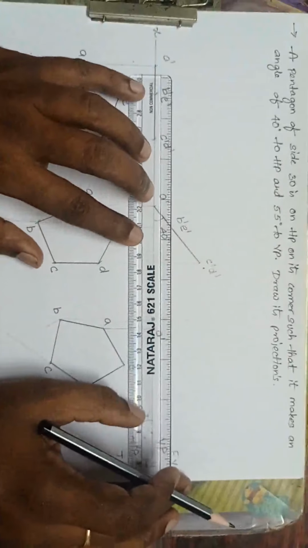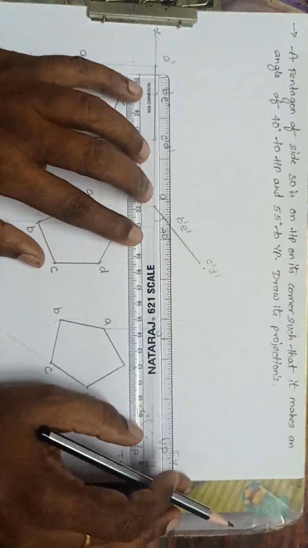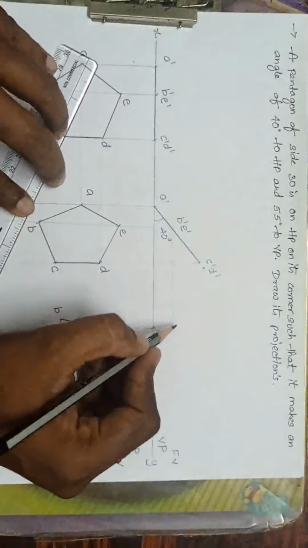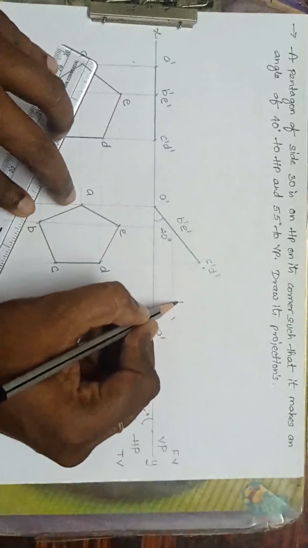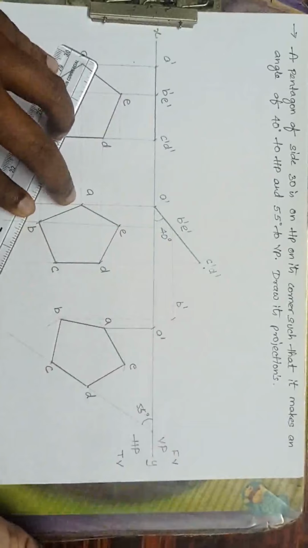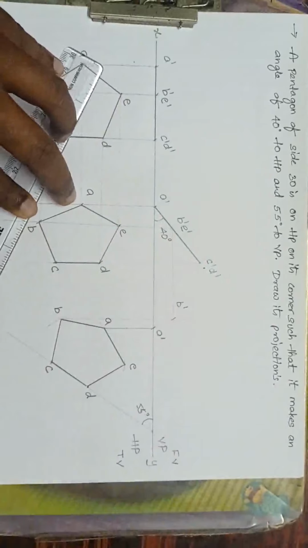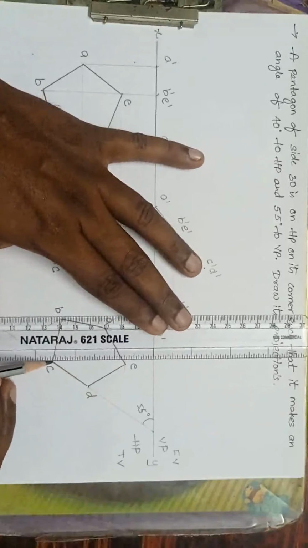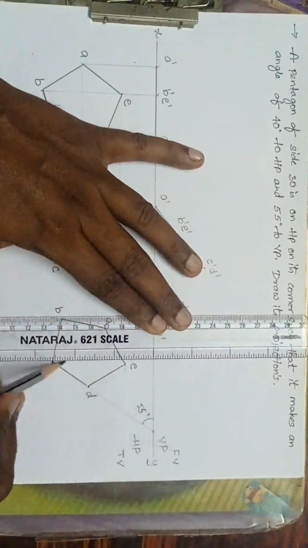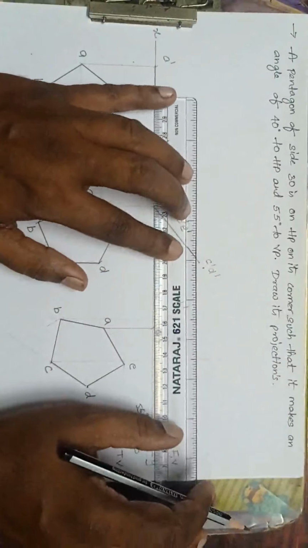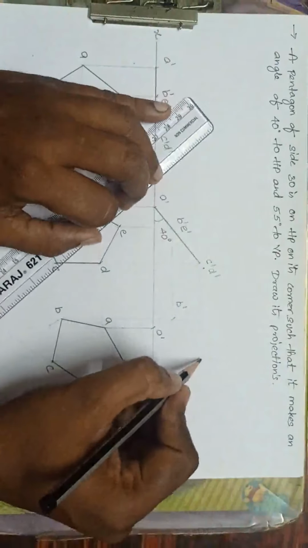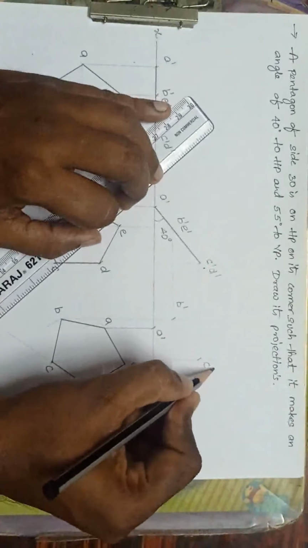From B dash, drop the horizontal line. This is B dash. Done. Now from C, drop the perpendicular line. From here it is a horizontal line. Okay, this is C dash.